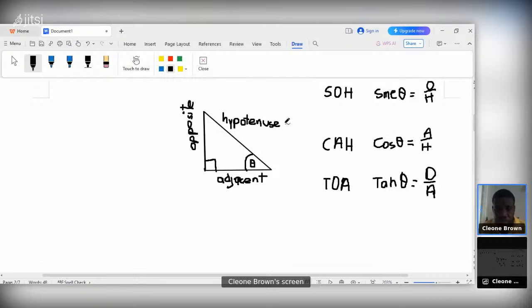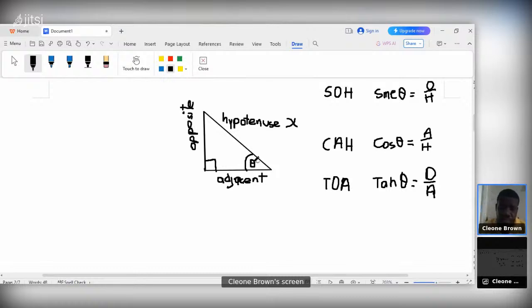So for example, you have the missing hypotenuse side, and you're trying to find it, x. But you get the length of the adjacent side, and you have the angle. Then naturally you would use cosine, because cosine has those elements, right? It has the adjacent and the hypotenuse, and you might be given the angle.